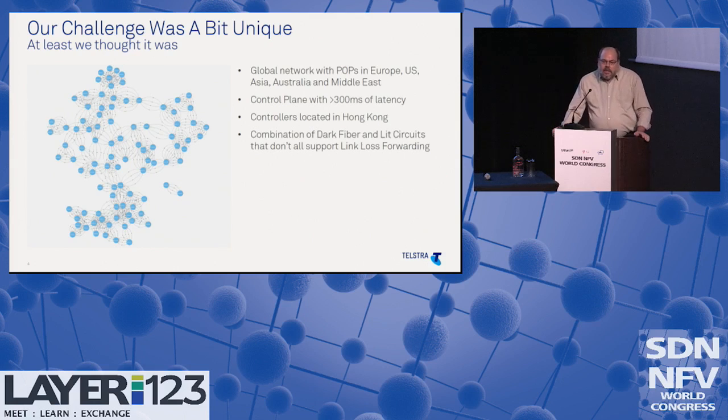But since some of these lit services aren't passing link state, those services are always up, those ports are always up, even if we can't get traffic end to end, which was giving us false positives and causing pain for our customers. So we were looking at ways that we could solve the stability problems as well as the definition of what the current state of the network is.